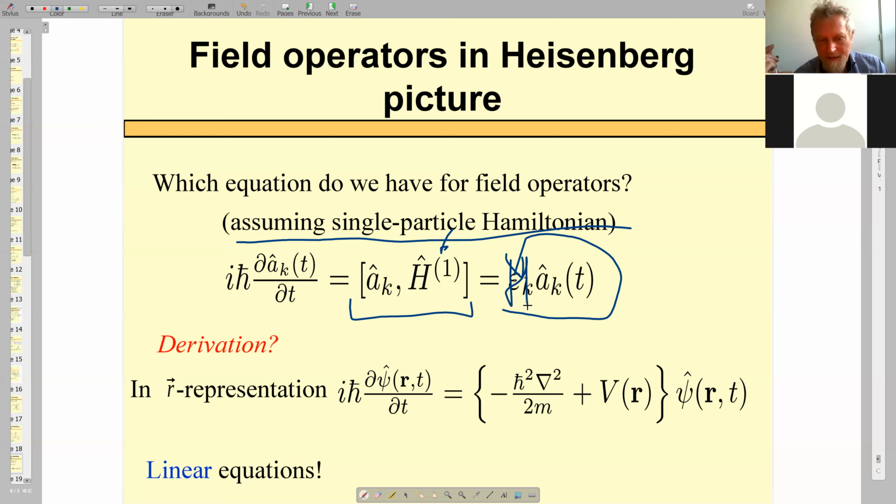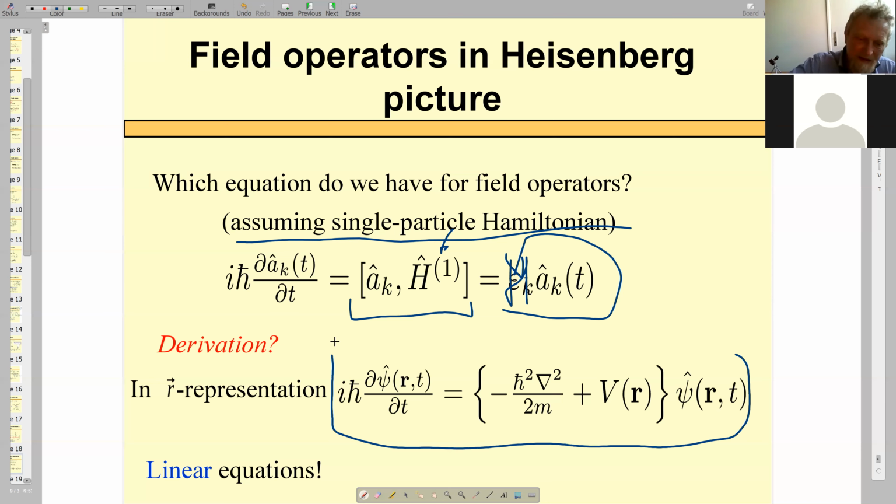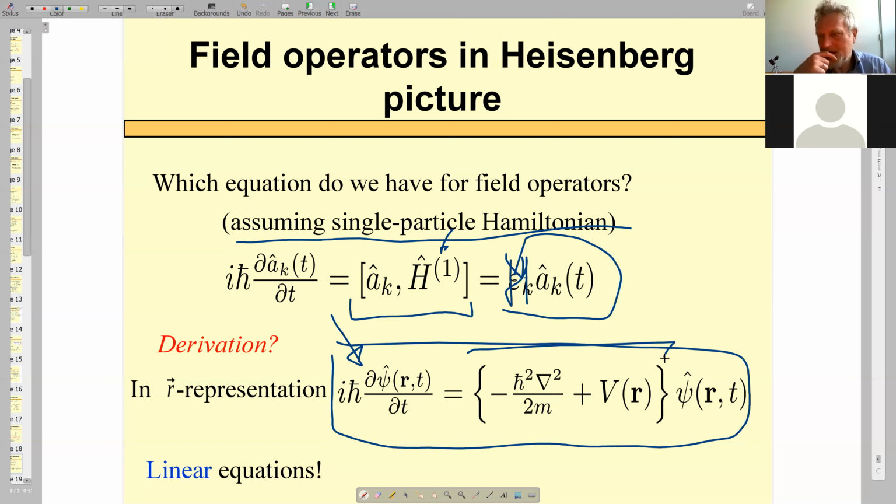So we can rewrite it for field operators in coordinate representation. What we see is a time derivative of the operator, that's fine. And the Hamiltonian, which works in this way on this operator. Multiplication is V(r), second derivative, but it doesn't work on the wave function. It does this with the operator.